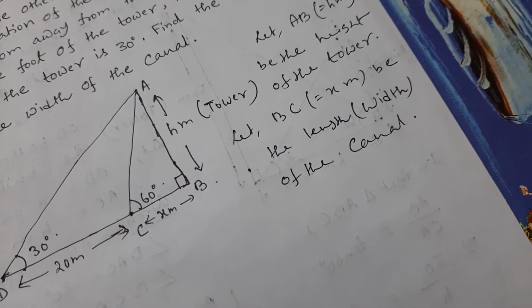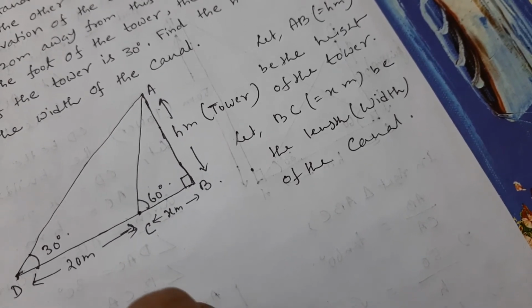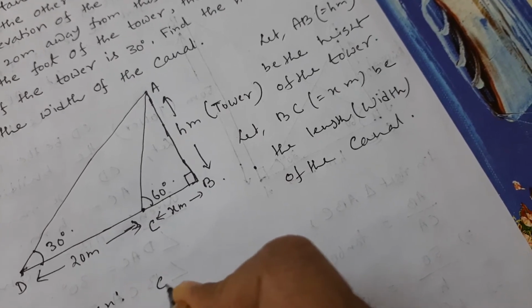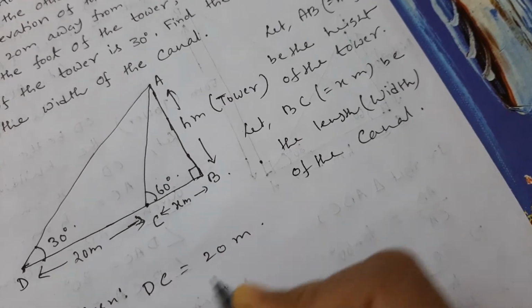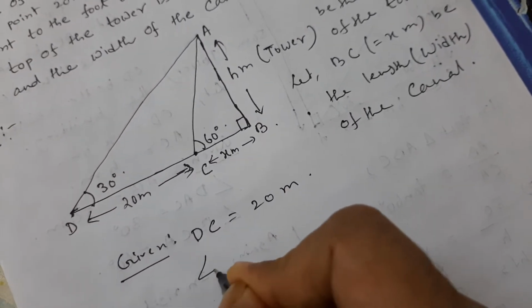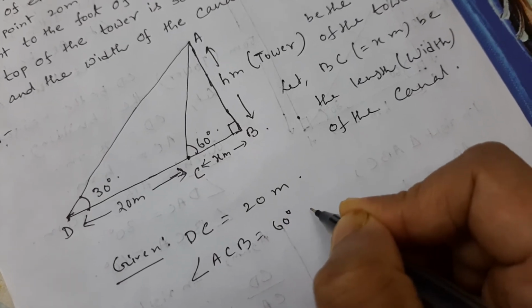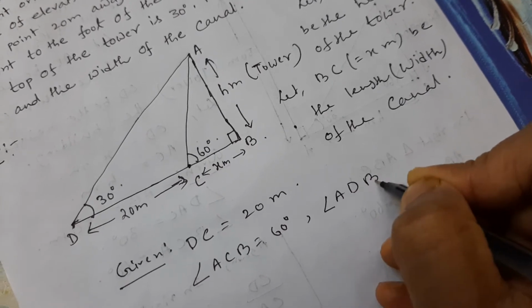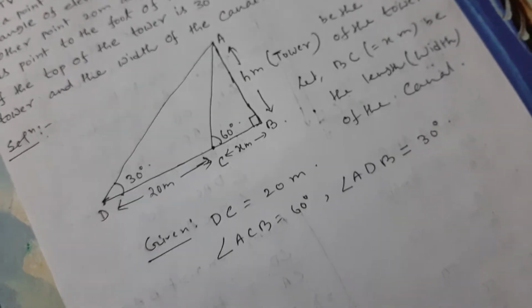Okay, so given CD, that is DC equal to 20 meter, and angle ACB equal to 60 degree, and angle ADB equal to 30 degree.